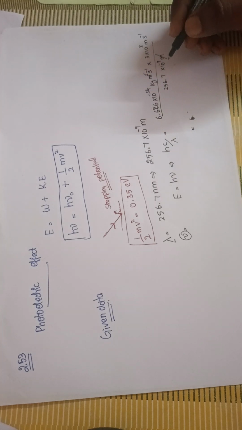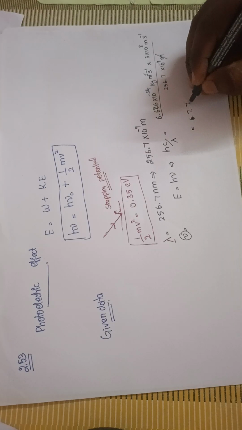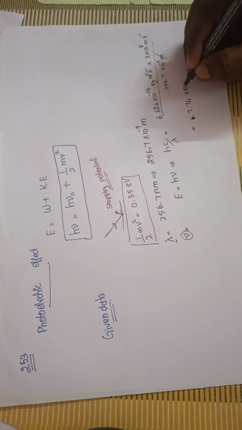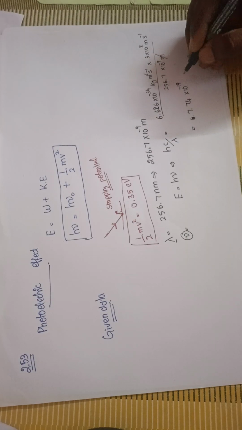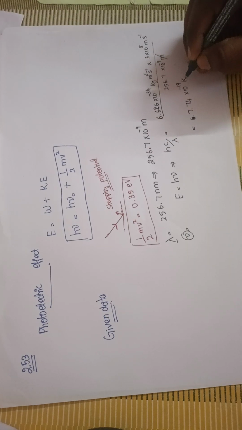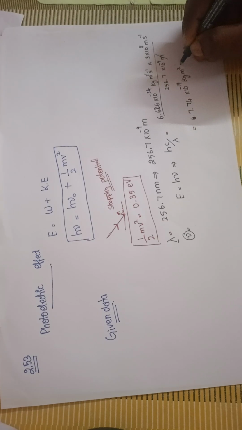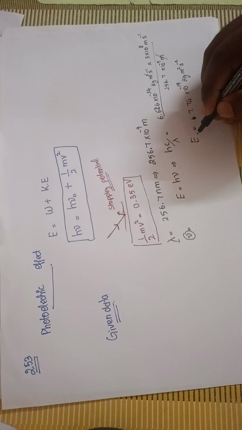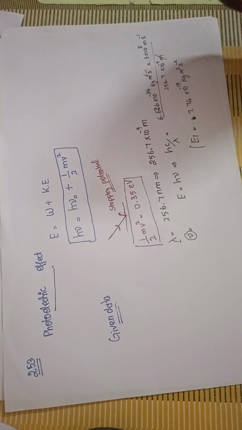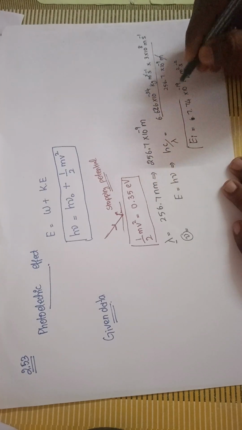On solving this, you get 7.74 into 10 power minus 19 kilogram meter square per second square. So this is the energy of incident light. அதோட energy இது.